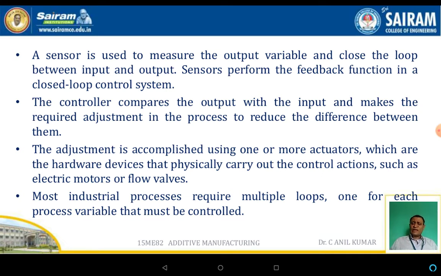The adjustment is accomplished using one or more actuators, which are hardware devices that carry out the control actions, such as an electric motor or flow valves. Most industrial processes require multiple loops, one for each process variable that must be controlled.